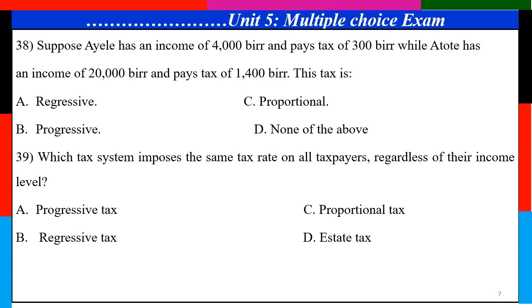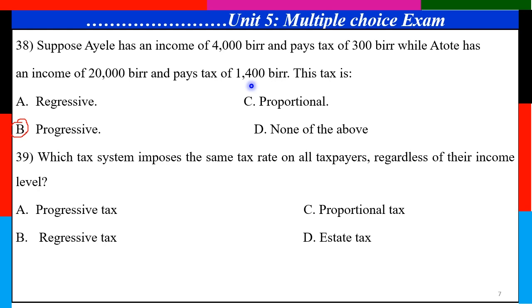So the correct answer for this question is again choice B. This individual person, his income per month is 4,000 and he or she pays 300 birr, and this individual person, his monthly income is 20,000 and his income tax is 1,400 Ethiopian birr.